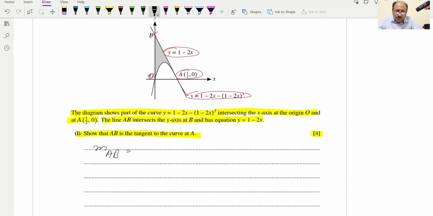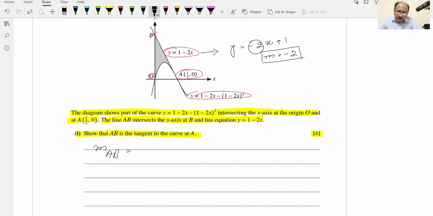We can check from this equation: we can rewrite y is equal to minus 2x plus 1, and this is our m value. Gradient is equal to minus 2. So now we can use this value. We know that the gradient of the AB line is equal to minus 2.